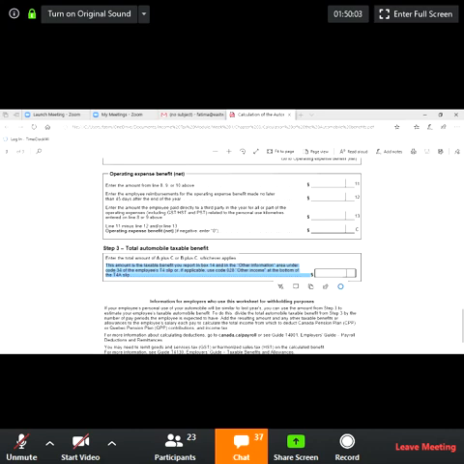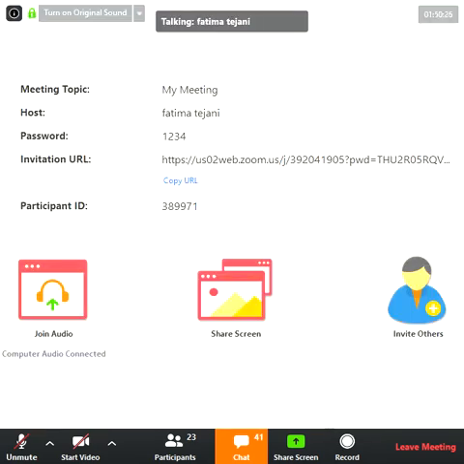Why is my screen still on the vehicle tax application sheet? I don't see that you are reading. Guys, can you see the PowerPoint presentation? Okay, well then I'll just take you guys. Give me a second, Janet.